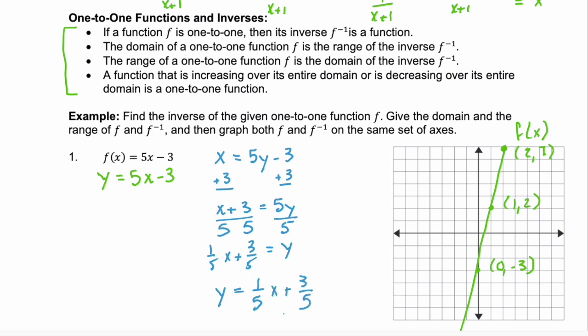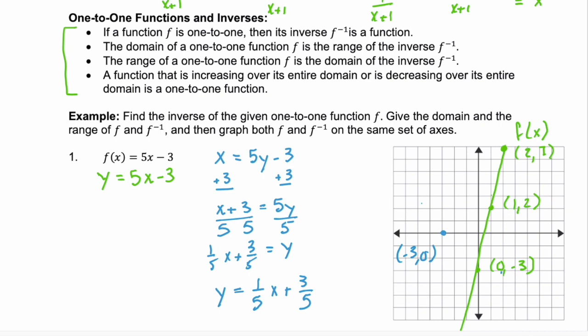Now, this one's not going to be as fun to graph based on that equation, but we can use those properties about a one-to-one function and how it reflects over the y equals x line. So if we take this first point, 0, negative 3, we're looking for the point negative 3, 0 for our inverse.